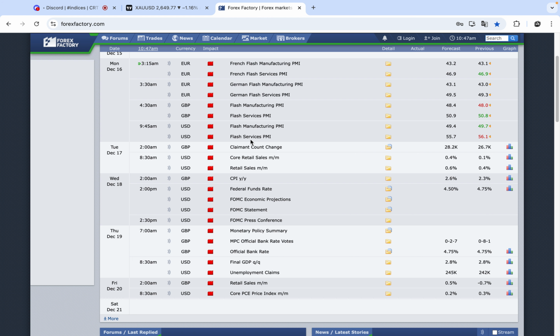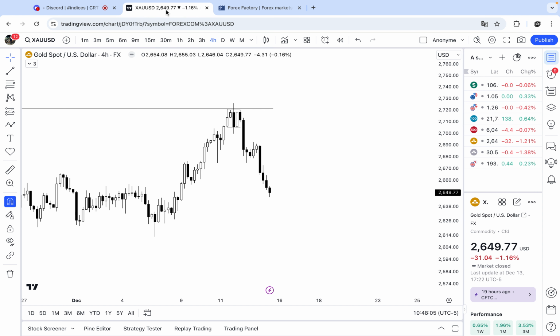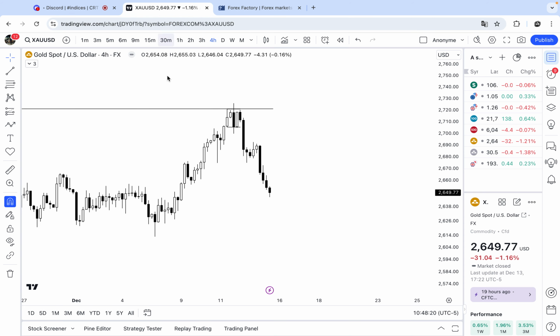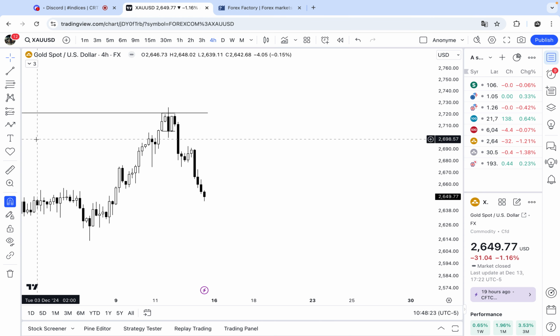Okay. All right. So we got Monday, Tuesday, Wednesday, Thursday, Friday. All red news. Holy shit, man. Okay. So what I'm expecting is some crazy movements, but what I'm expecting first is that Monday and Tuesday can be bullish, because when we are bearish, right?